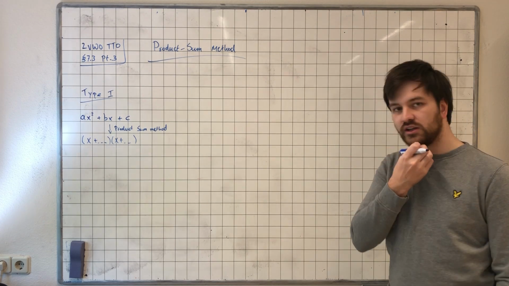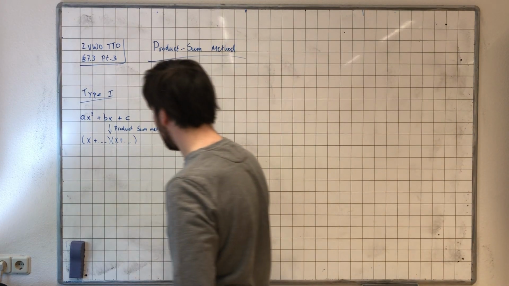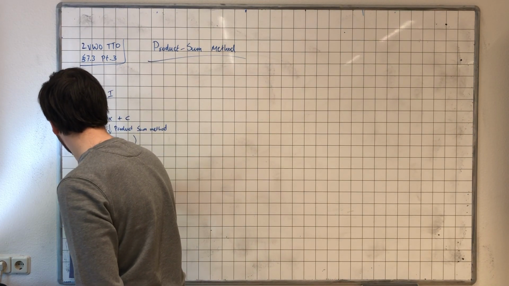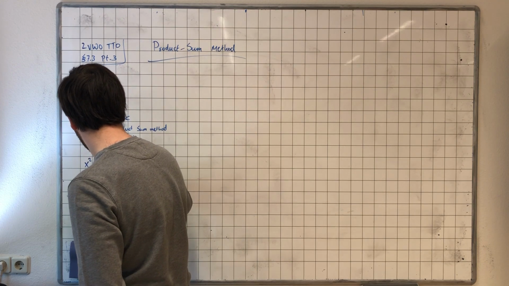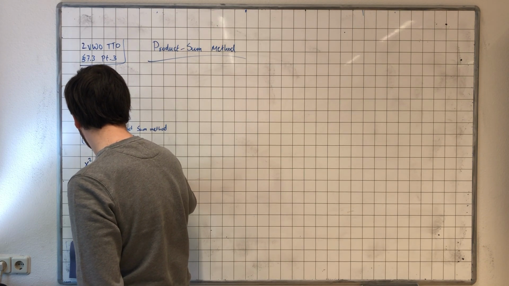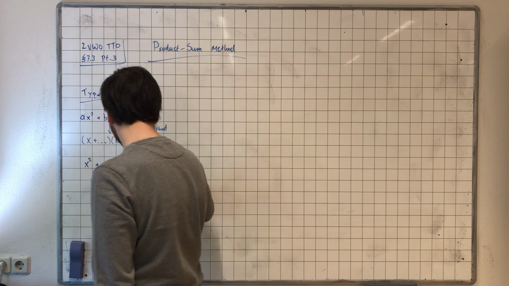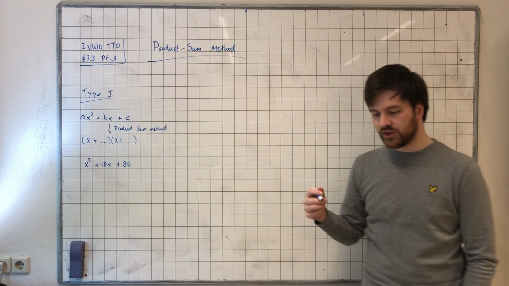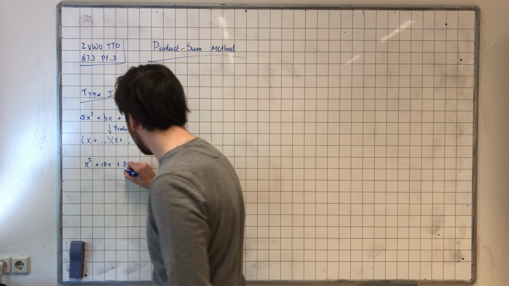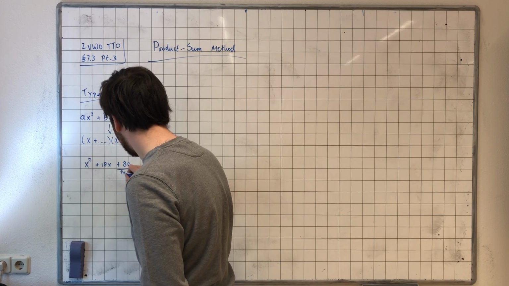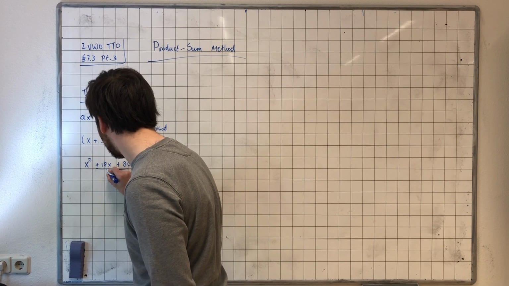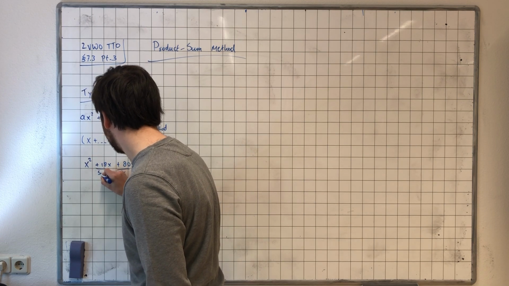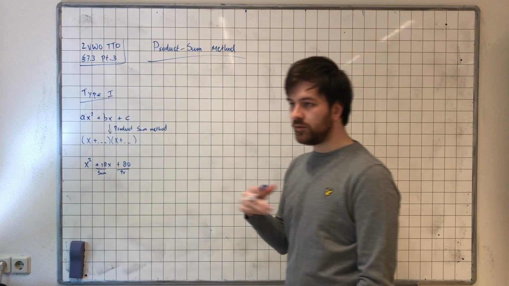Since you usually like to work with numbers, I'll give you one example with numbers. For example, you have x squared plus 18x plus 80. You're looking for 2 numbers that if you multiply them, they'll give you 80, and if you add them, you'll get 18. So which 2 numbers are we looking for?